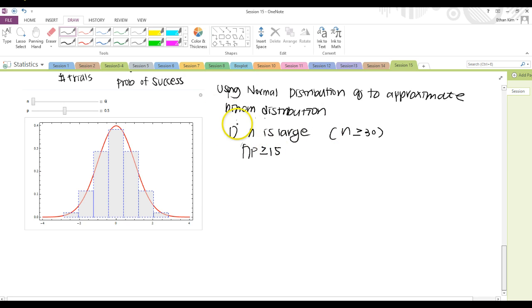And when p is not close to 0 or 1, so it's not at the extreme. If it's around the middle range, then it's okay. Okay? So these are the things that you need to be aware of.